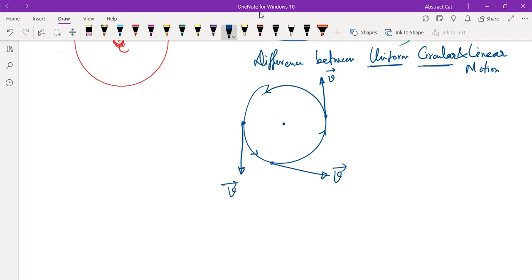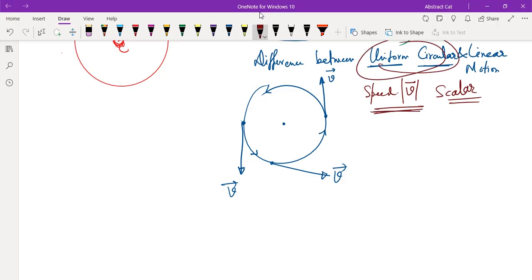But speed has only magnitude; it is a scalar. So in uniform circular motion, speed is constant but velocity changes. In linear motion, everything is constant because the body moves in the same direction.